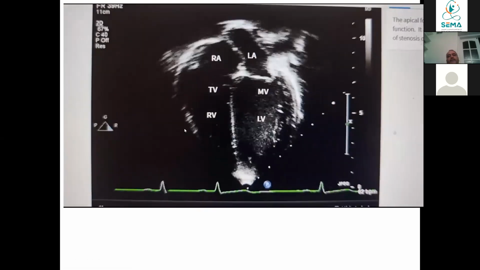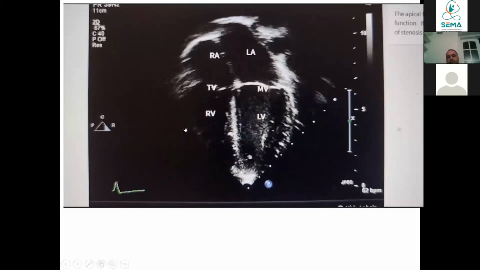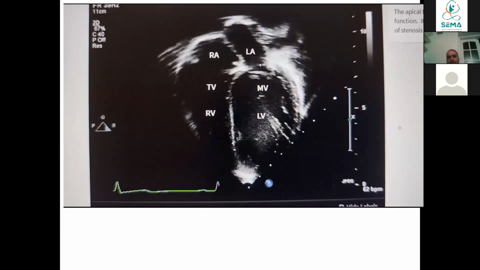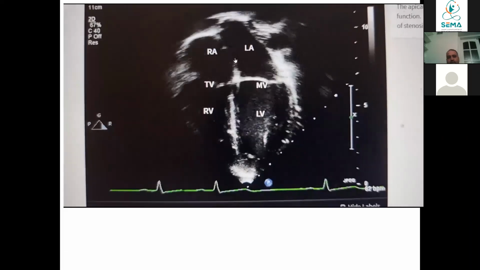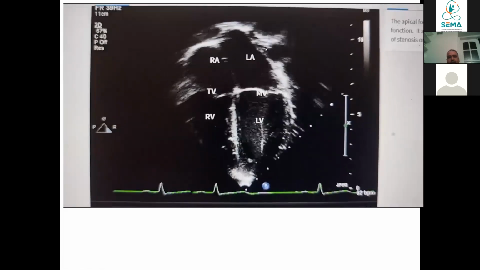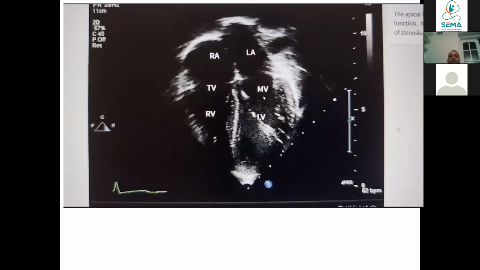Here in the apical 4-chamber view, we see the left atrium, right atrium, and the pulmonary veins, upper and lower, left and right, coming in.